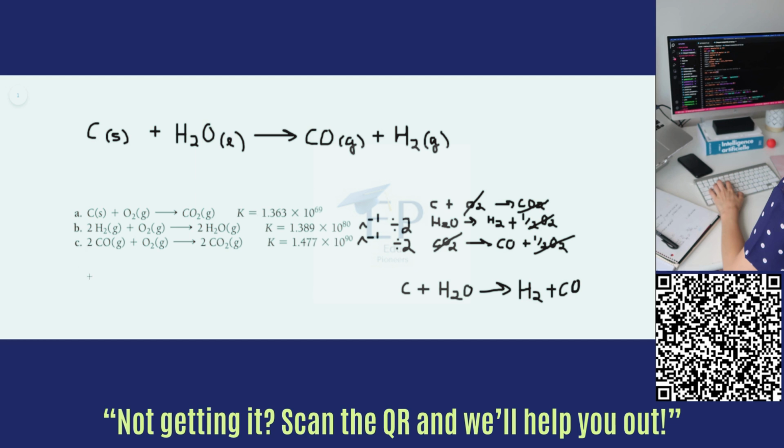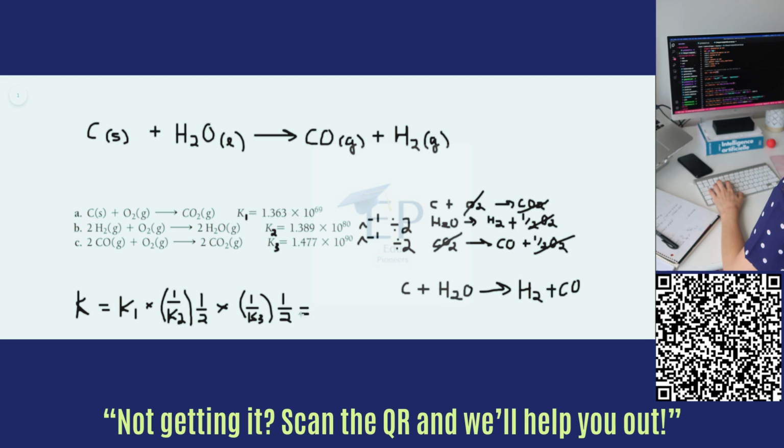So if you took all of these, I'm going to name these K1, K2, and K3 to make this easier. The overall K is going to equal K1 times 1 over K2 times 1/2 times, again, 1 over K3 times 1/2.